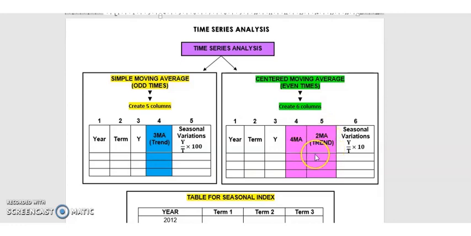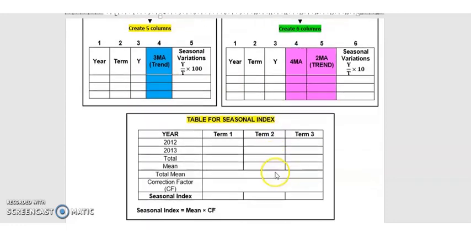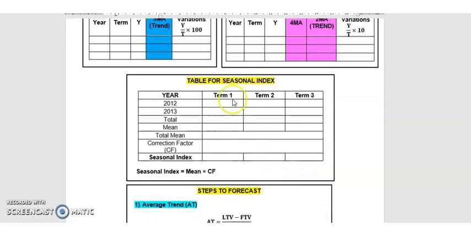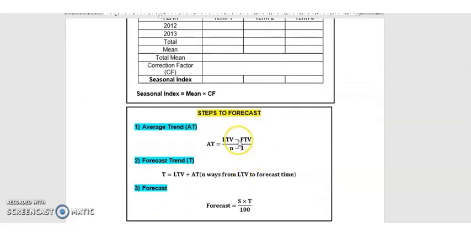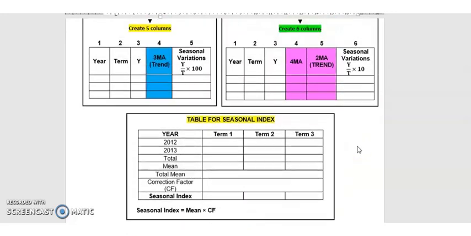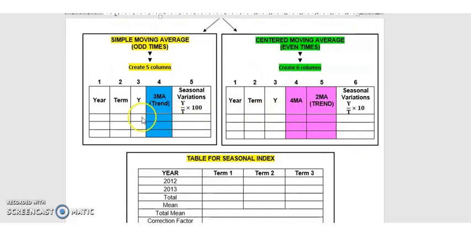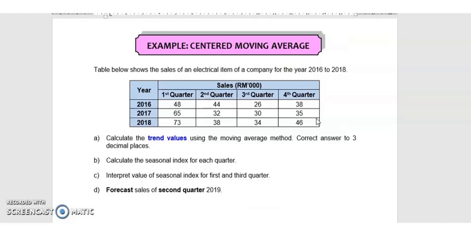Because 6 divided by 2, the center will be 3. For 4, 4 divided by 2 will be 2. So the only difference between simple and centered moving average is in finding the trend values. The rest of the steps, seasonal index and forecasting, are still the same.